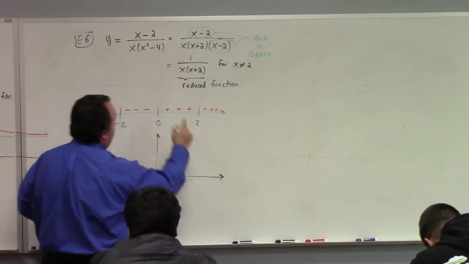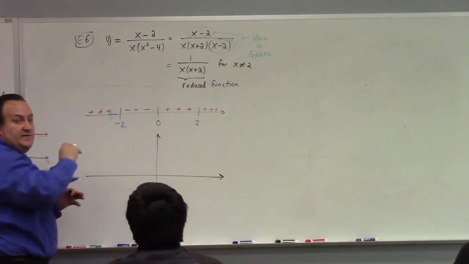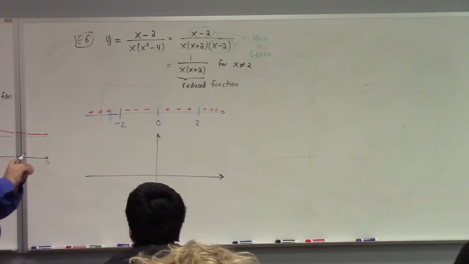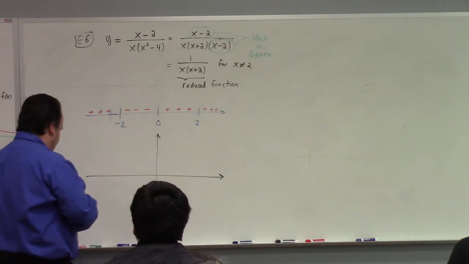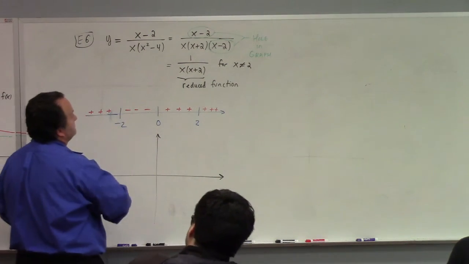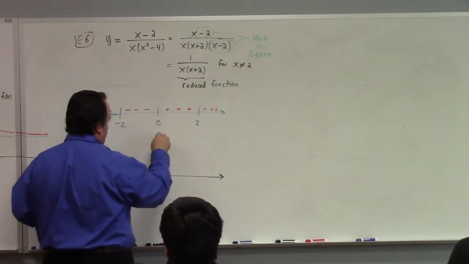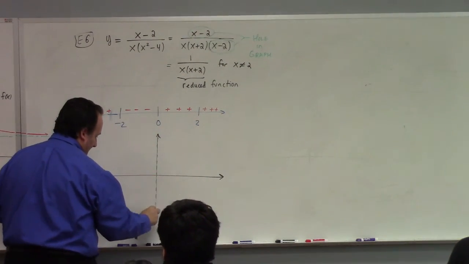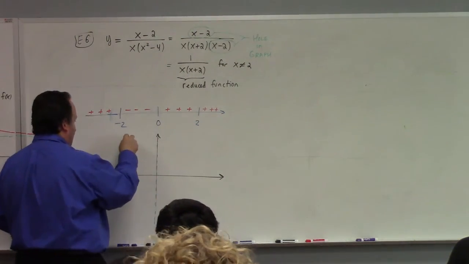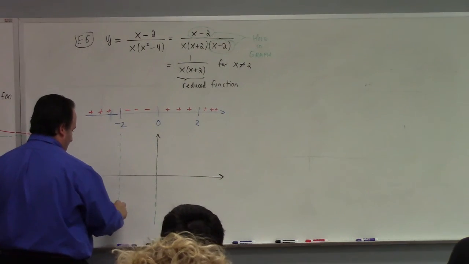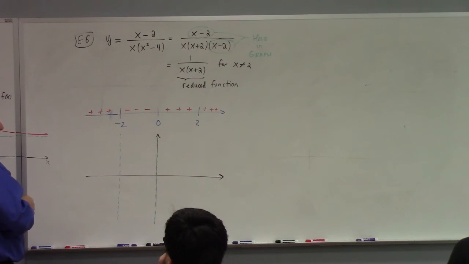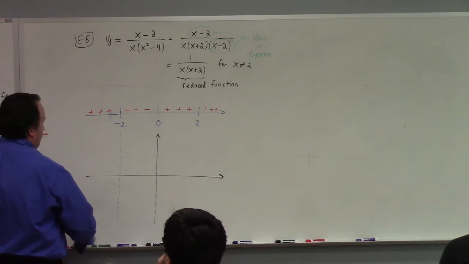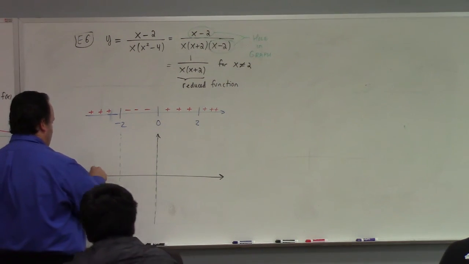This one is a proper rational function, which means that eventually the graph is drawn into the x-axis. There's no interesting horizontal asymptote like in example 5. And where are my vertical asymptotes? I've got one at 0 and one at minus 2. So this graph looks something like this.